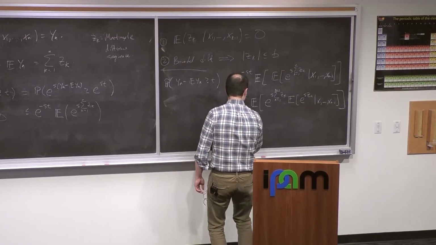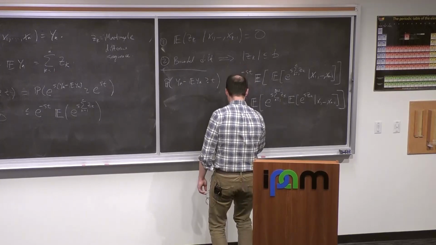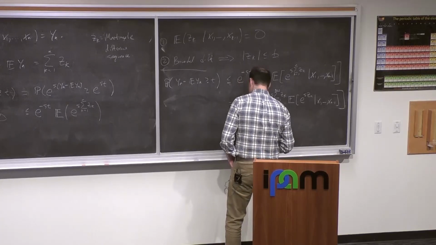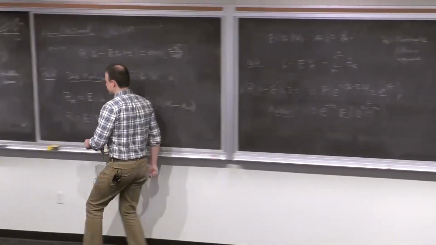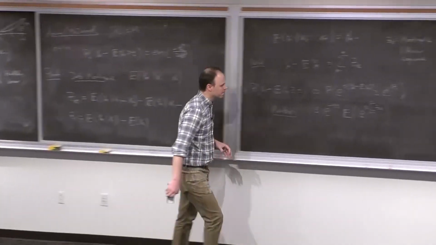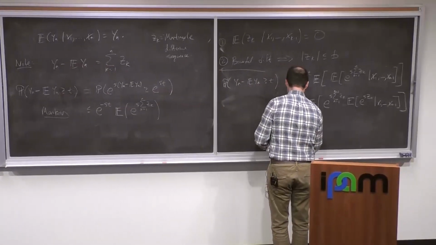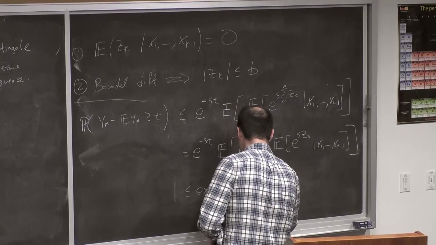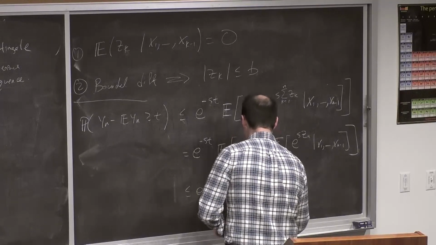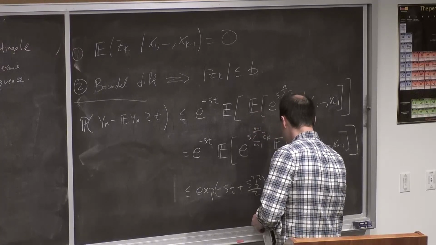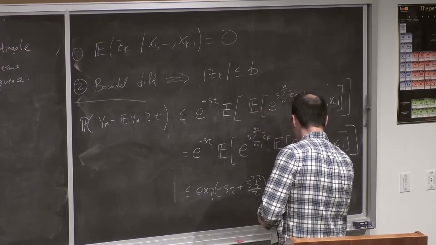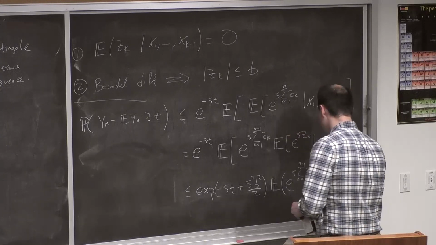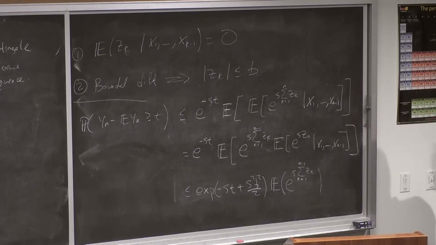Let's write that as an exponential: e to the minus st plus s squared b squared over 2, and then times the expectation of e to the s times the sum of Z_k, k from 1 to n minus 1. That's it.